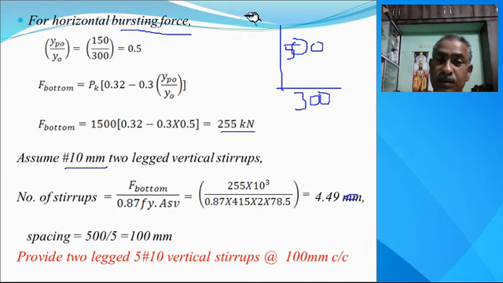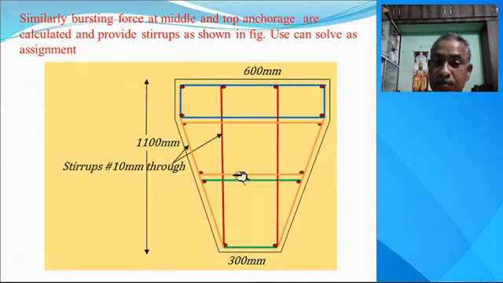This is the horizontal reinforcement provided in the bottom portion, because the plate is provided here, and we can find the vertical stirrups as well as horizontal stirrups provided in this end block. Similarly, the bursting force in the middle portion and the top portion are calculated and stirrups provided as shown in the figure.